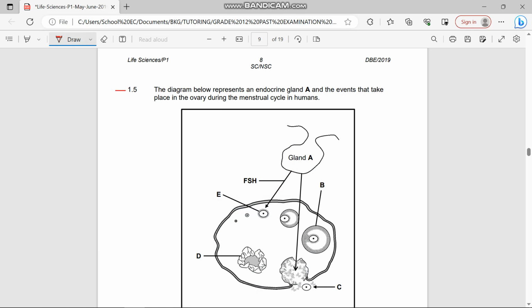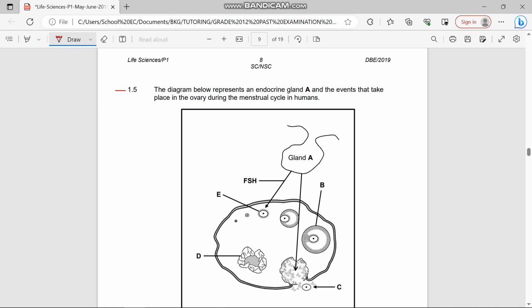So question 1.5 says the diagram below represents an endocrine gland A and the events that take place in the ovary during the menstrual cycle in humans. So this is the diagram that shows the events that take place in the ovary during the menstrual cycle.